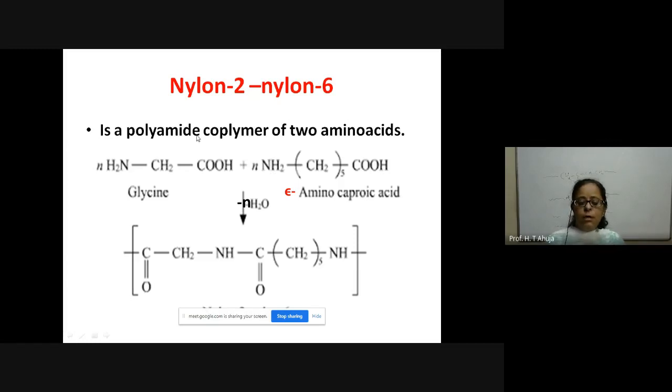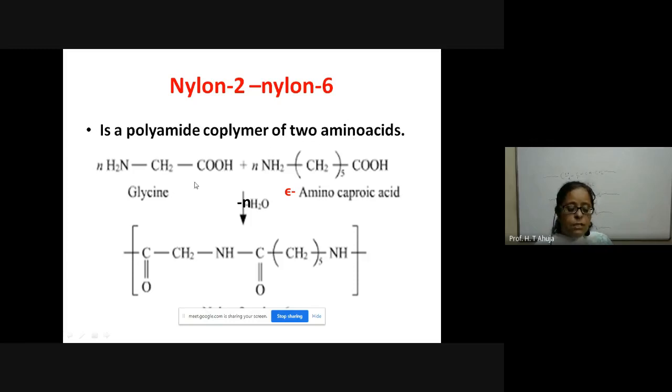This is again a polyamide, and it is a copolymer since two different monomers are used. I don't have to tell you every time that this is a copolymer; from the reaction itself, you can understand that two different monomers are used. It is a polyamide copolymer of two amino acids.